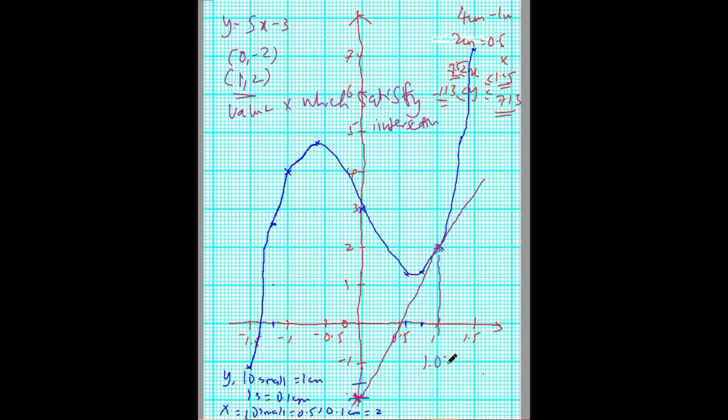So 1.025. But the acceptable value is, so x is supposed to be between 0.975 and 1.025.